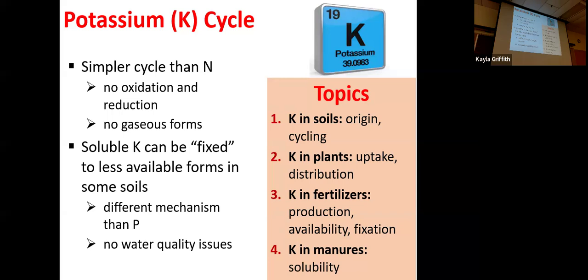And luckily with potassium, it's a really important nutrient, but it's not as huge of a deal for losses, at least from an environmental perspective, because it's not going to be poisoning anything. So there's not potassium poisoning going on. So we'll distribute the potassium between decaying soils, decaying plants, decaying fertilizer, and the potassium in manures and its solubility.